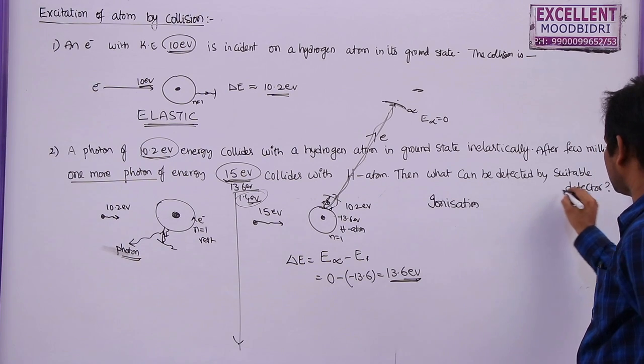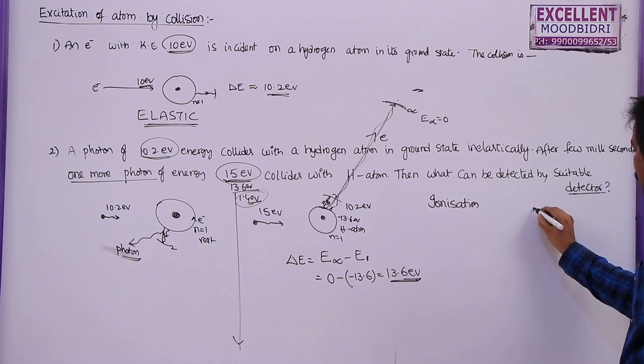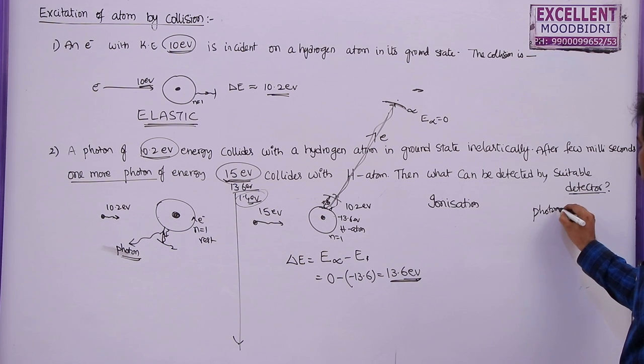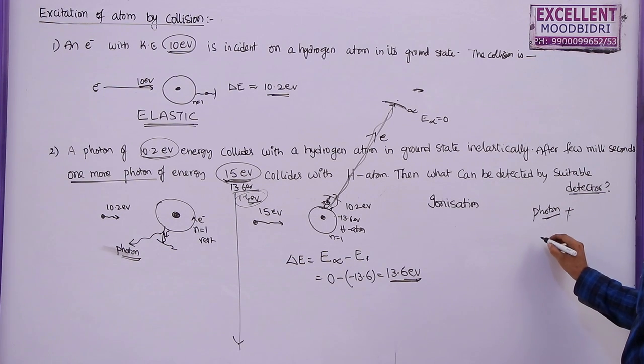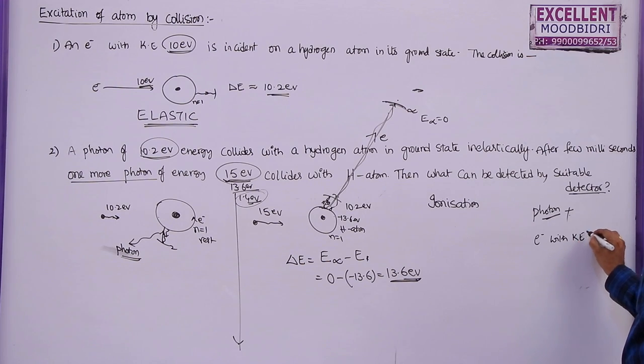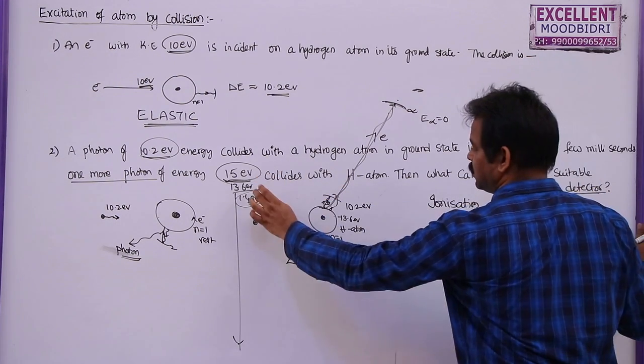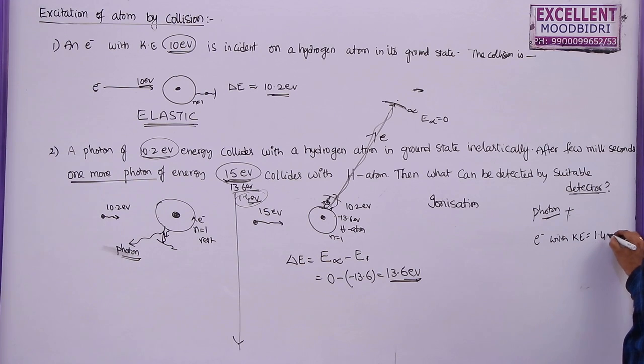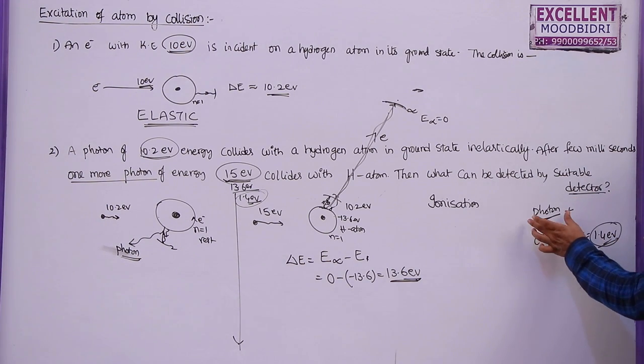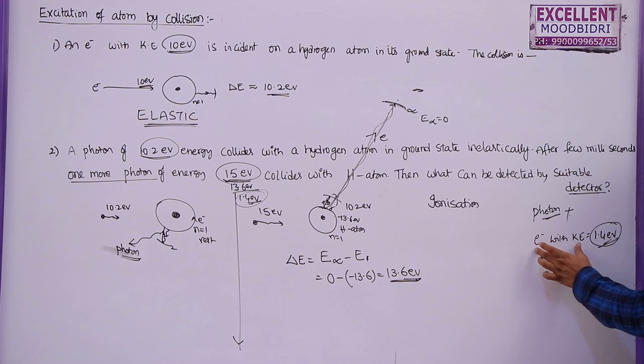So here the detector will detect a photon plus an electron with KE equal to 15 minus 13.6, that is 1.4 electron volts. So this detector will detect two things: one is a photon, and the other is an electron of energy 1.4 electron volts.